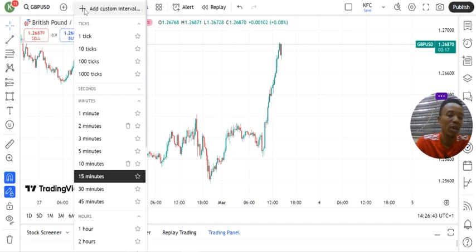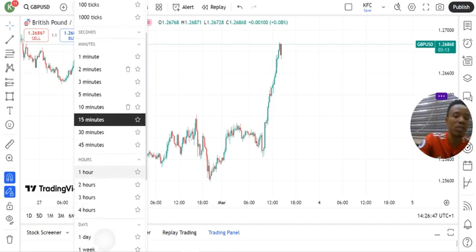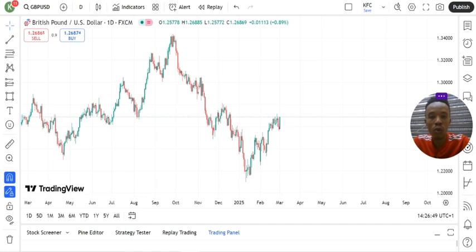Backtesting on these time frames up until the 24-hour time frame is only for accounts on TradingView that have been monetized. So you just need to look for the packages you can do. You can do, let's say, one month, which is quite cheap and affordable. You can do two months, three months, or whichever package you can do, and then you can backtest on lower time frames.